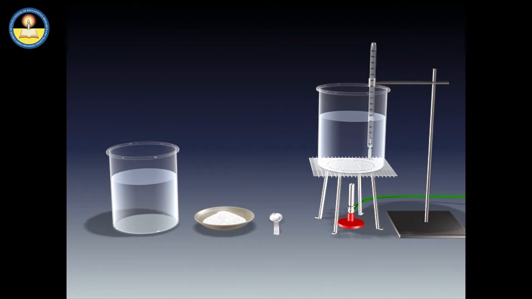Let us now try to understand how temperature affects the rate of dissolution. A given amount of distilled water is poured into two separate beakers labeled as A and B. Water in beaker A is heated till 70 degrees centigrade and 1 gram salt is added to each beaker.